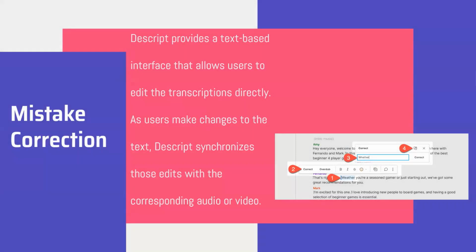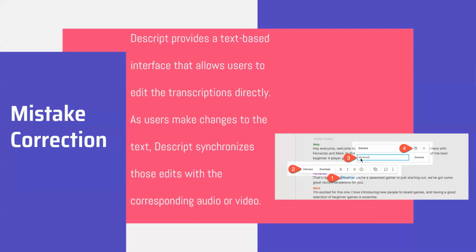A useful feature of Descript is to correct things. Obviously the AI transcription isn't going to be perfect. You can see in this picture here, the transcription has said "weather," as in the weather outside. But obviously a more correct thing would be "whether," with WH.